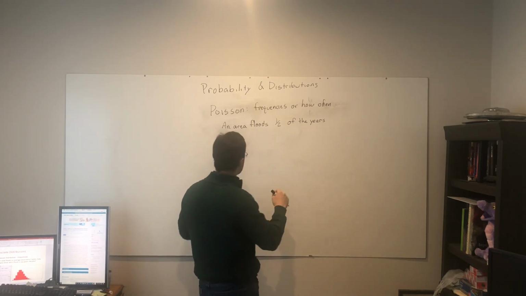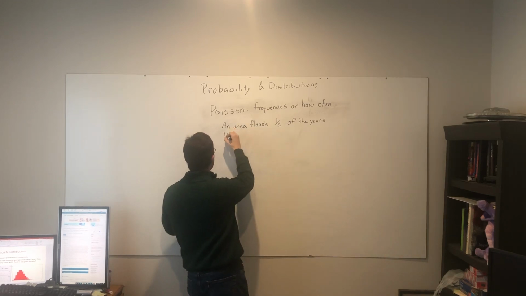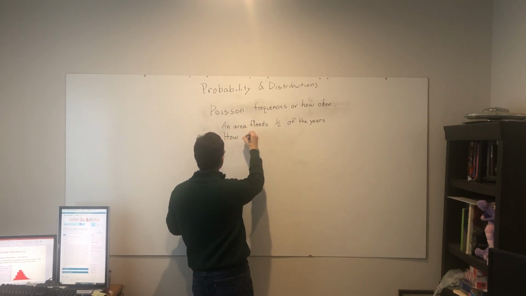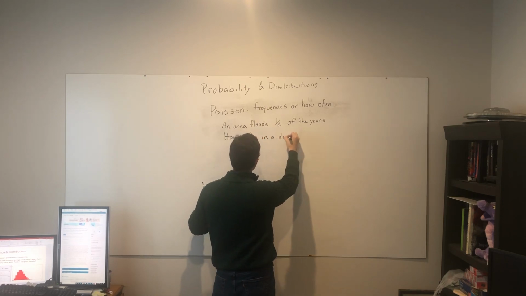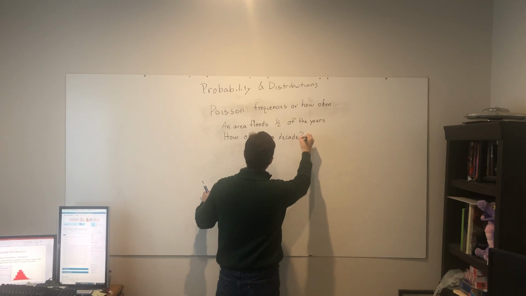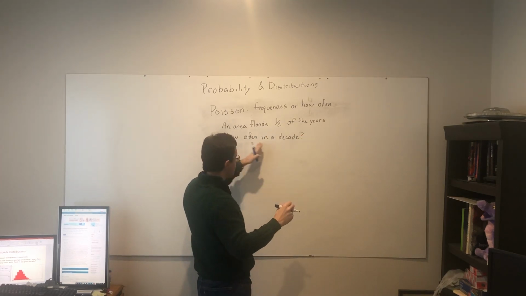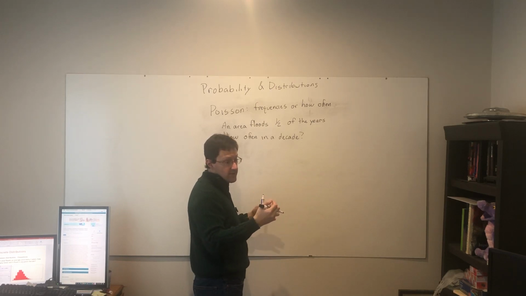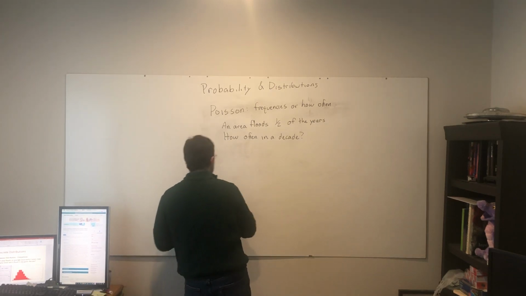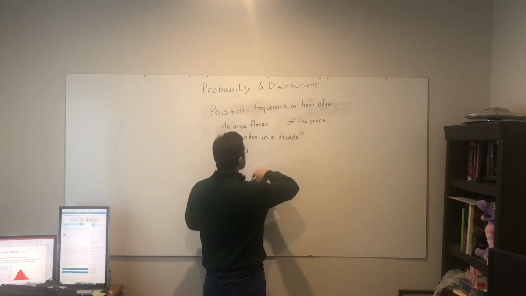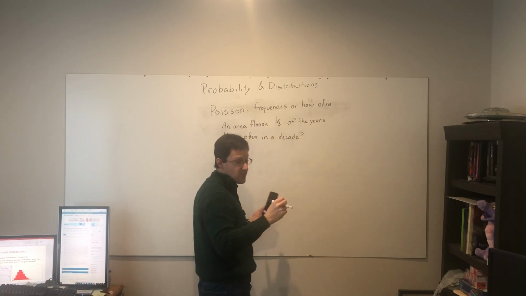So once every 2 years. How many times would we expect it to flood within a given decade? So, I'll actually change this. Say it floods a third of the time.